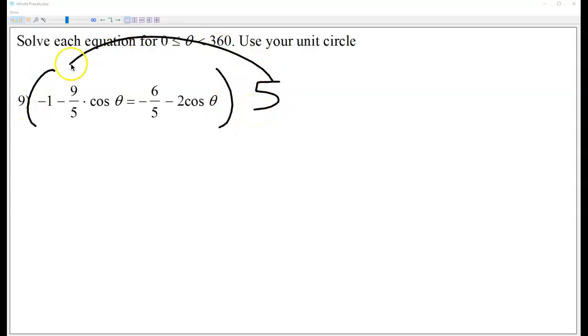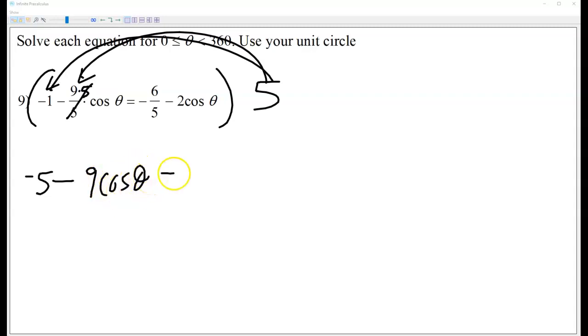I'm going to multiply this -1 here by 5, and that gives me -5 minus. Then I'm going to multiply this by 5. When I multiply it by 5, these cancel, and it just leaves you with -9. So basically, it just gets rid of the denominator. You don't actually end up multiplying anything at all. You end up canceling stuff.